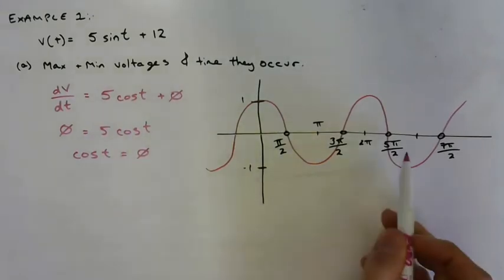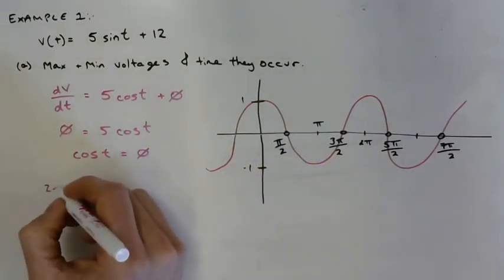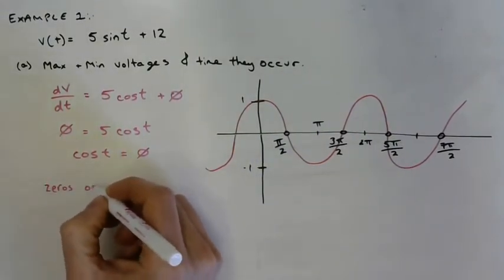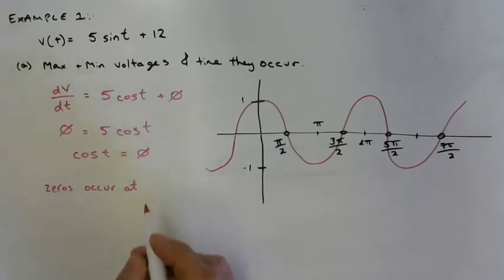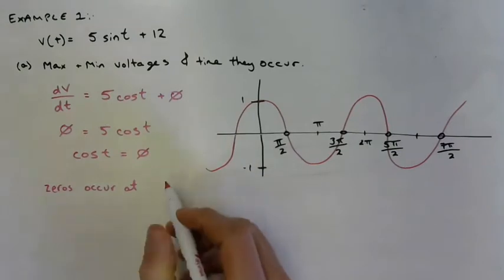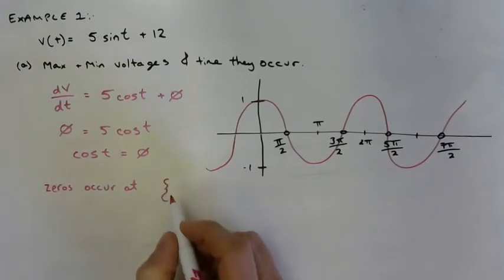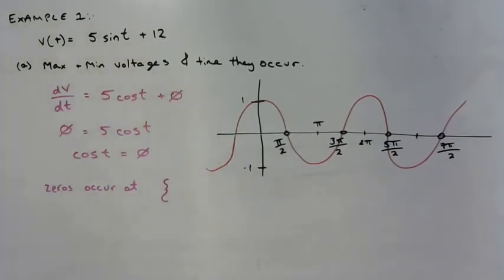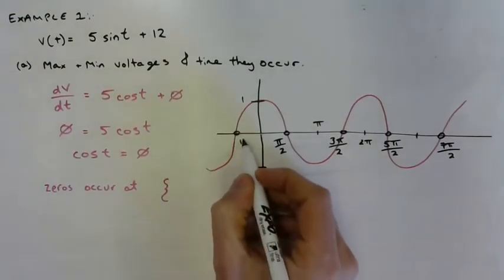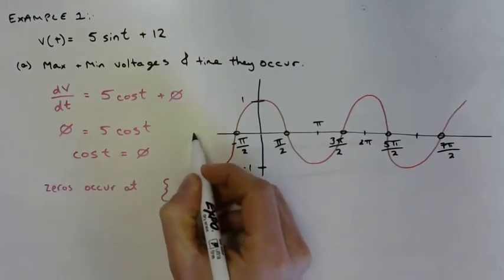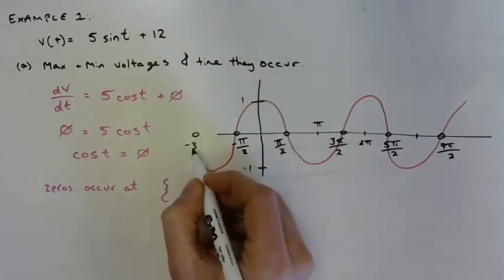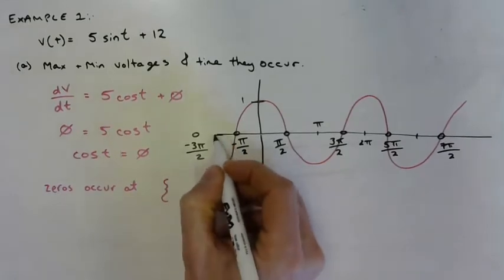But we can note here that the zeros occur at, and then we're just going to have a long set of them. By the way, they're going to be negative values as well. So you can come this way to negative pi over 2 and negative 3 pi over 2.